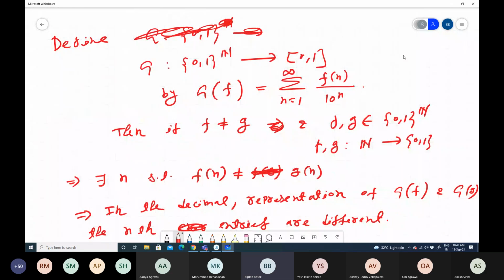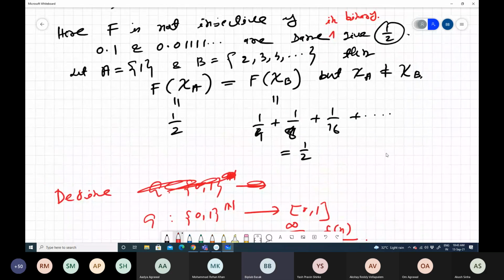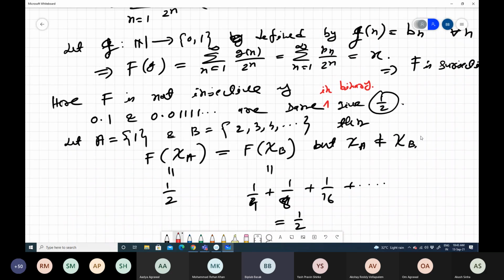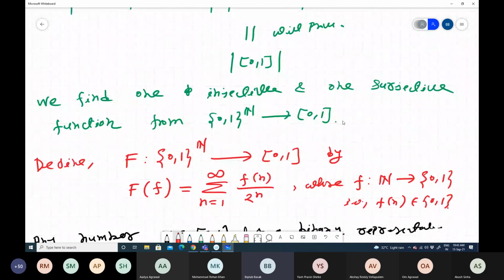Okay, so these are the clever tricks. There are many problems of this kind that you can search for or generate. For example, this one I did by myself. Maybe this is available in some book. There are many ways to prove that these have the same cardinality.